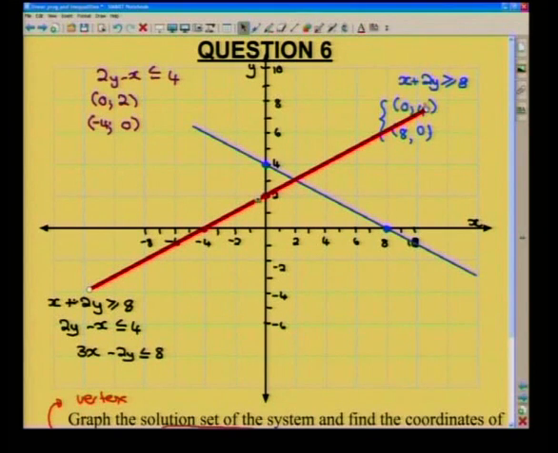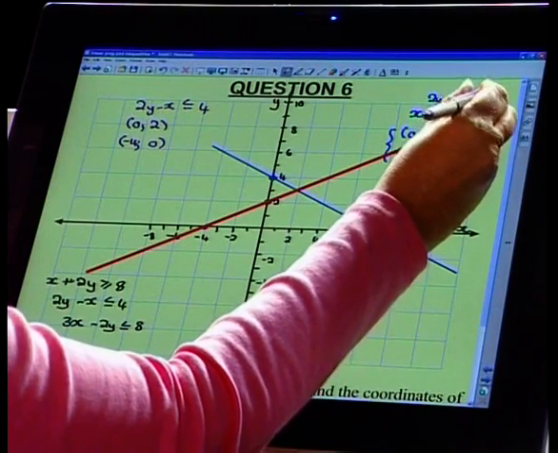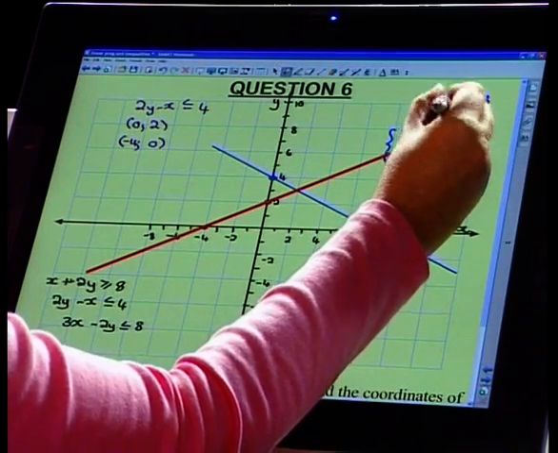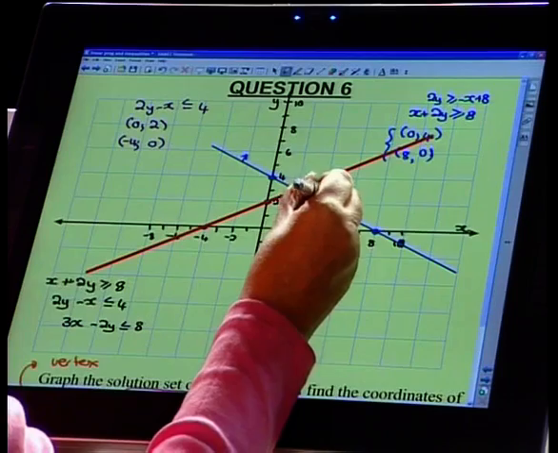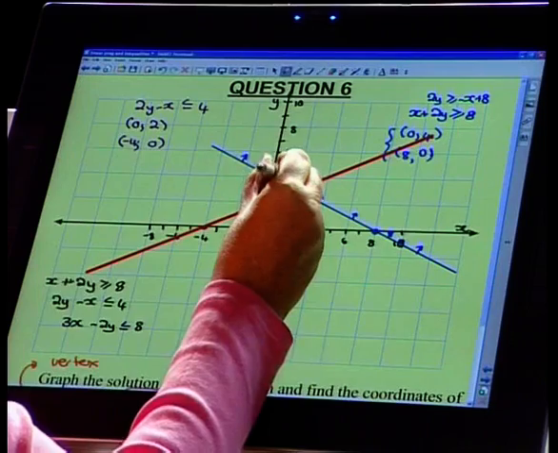Okay, right, now before I move on, I want to just go back for 2 seconds and talk about the shading. I didn't mention the shading here. Do you agree with me? This would be 2y greater than or equal to minus x plus 8. And if I divide by 2, the y would be there, but it would be greater than. It wouldn't change around. So y greater than means I'm shading above on the blue line. Okay.